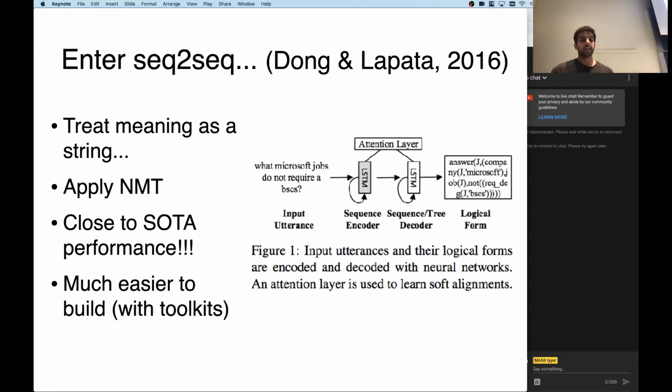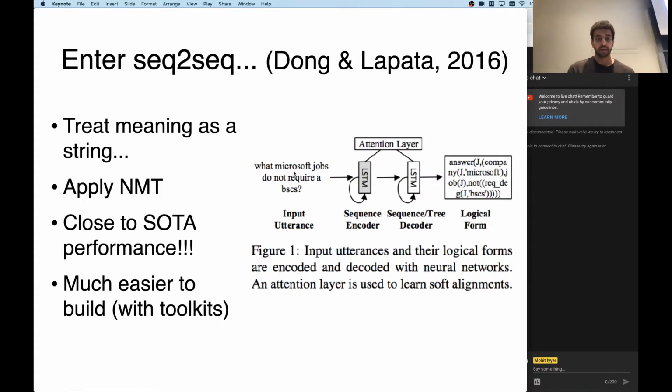So one of the very first papers just essentially took a neural machine translation sequence-to-sequence setup and applied it to semantic parsing. This is assuming that you know the ground truth logical form, like the SQL query or the robot instructions or whatever.